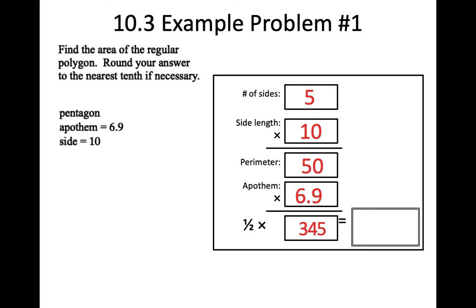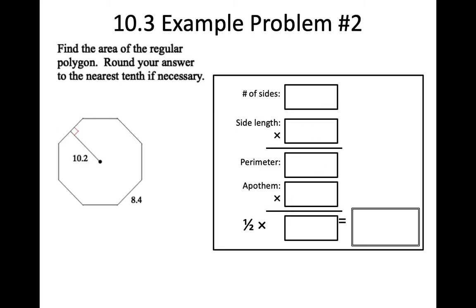But the formula is not apothem times perimeter, it's 1/2 apothem times perimeter. So if I take 1/2 of 345, I get 172.5. So the area of a regular polygon with an apothem of 6.9 and a side of 10, rounded to the nearest tenth, is 172.5.